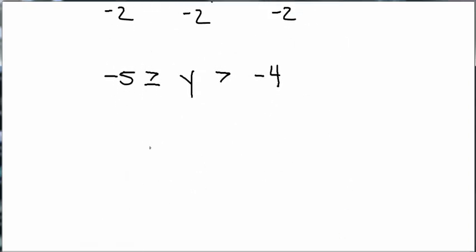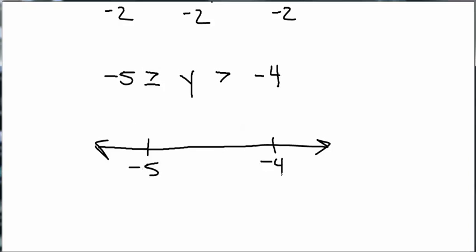So let's graph it. These numbers are still in order, aren't they? The smaller one's all the way to the left. So you can put your negative 5 there, and you can put your negative 4 here. Open or close on the 5? Closed on the 5. Open or close on the 4? Now, be careful here. If you break this apart, which way do you got to shade here? The variable's on the left, arrow's pointing to the right.